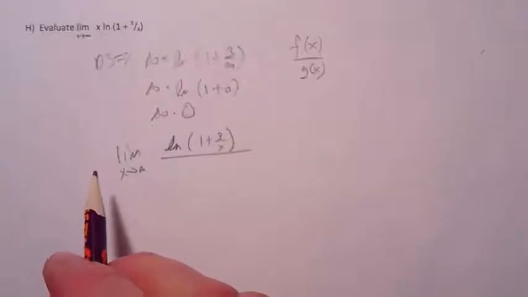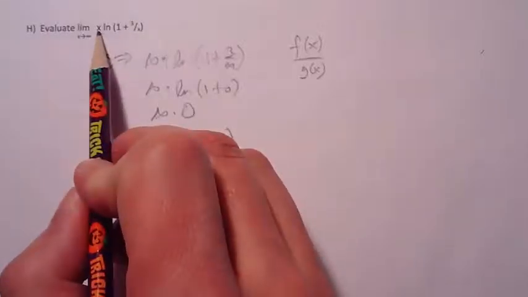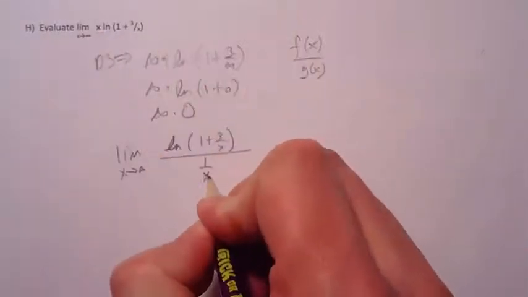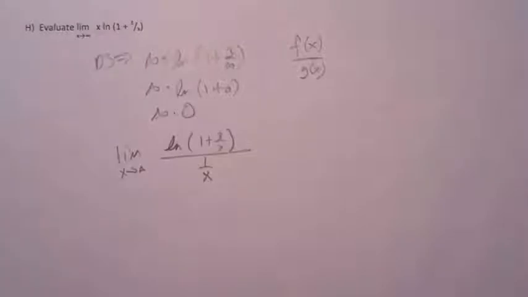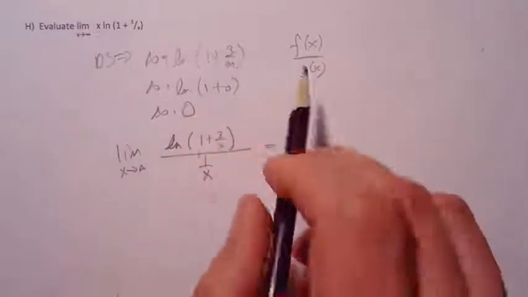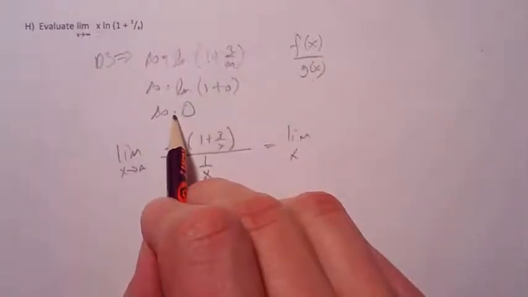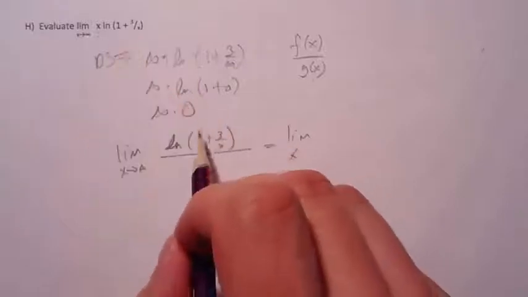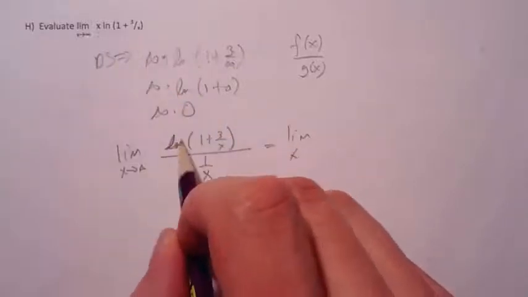Well, it works the other way around. Instead of multiplying by x, I'm going to divide by its reciprocal. The whole purpose in doing that is to set up f of x over g of x form so I can use L'Hopital's rule on it. So now I know this gives me an indeterminate form. I've already established that. It was written differently, but it's still equivalent.